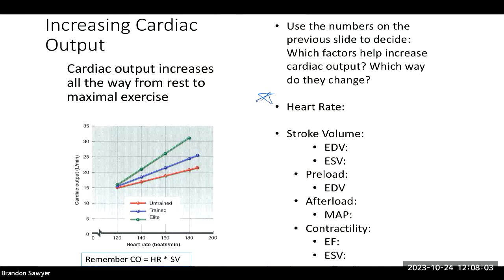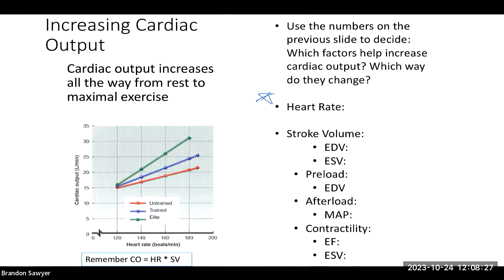Oh yeah, your end systolic is decreasing. So you just put in which way each of those things goes, up or down.